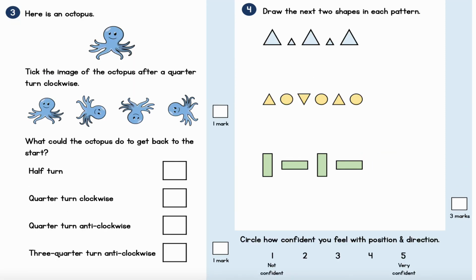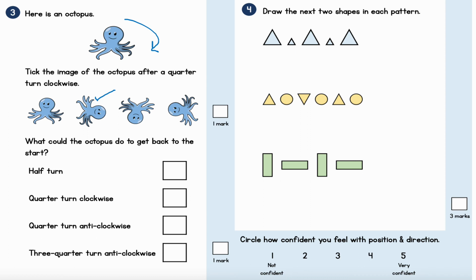This is question number 3. Here is an octopus. Take the image of the octopus after a quarter turn clockwise. So it's going clockwise in this direction. It's going to be this one. What could the octopus do to get back to the start?